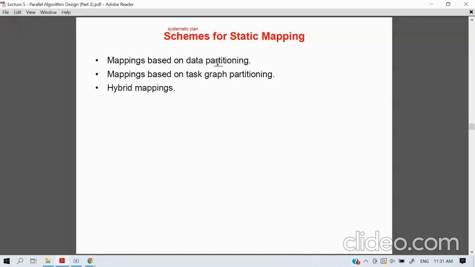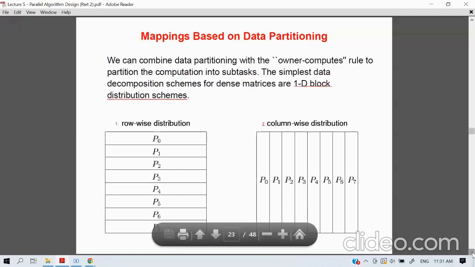Second, based on task graph partitioning, where we need to do some task graph plan or design. And the third one is hybrid mapping, where we combine these two, data partitioning and task graph partitioning, or other mapping techniques. Let's look at them one by one.